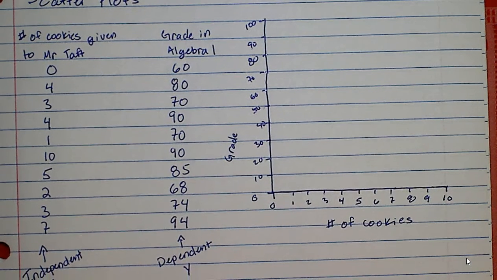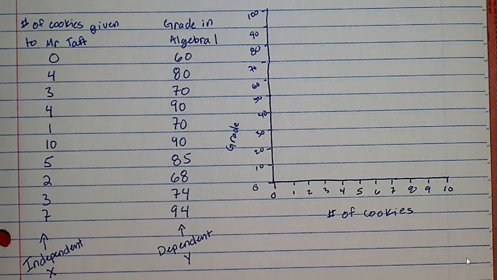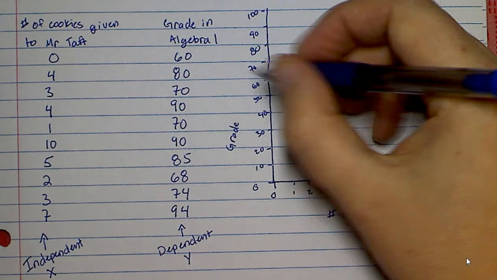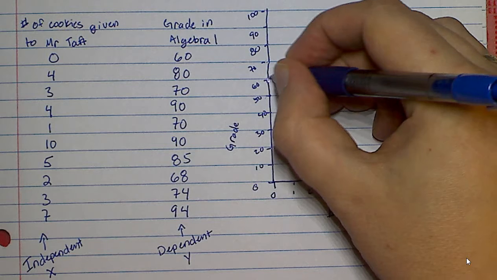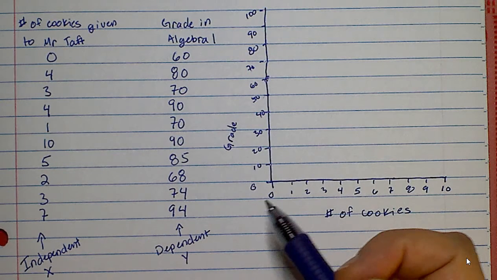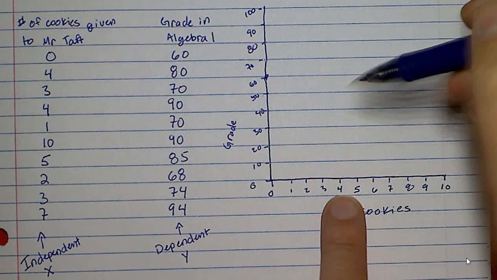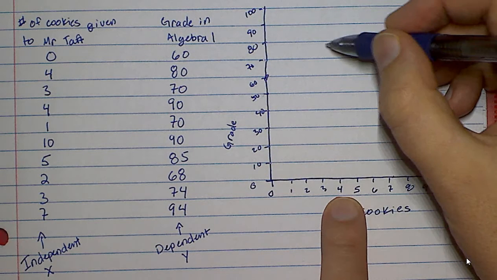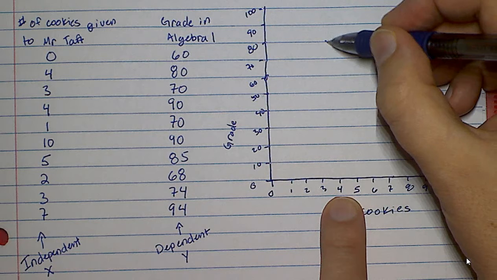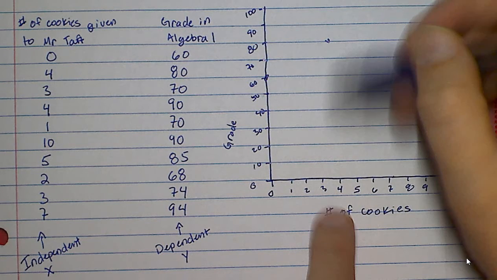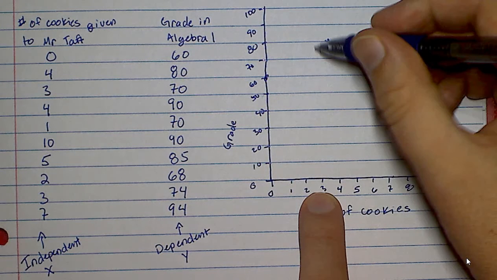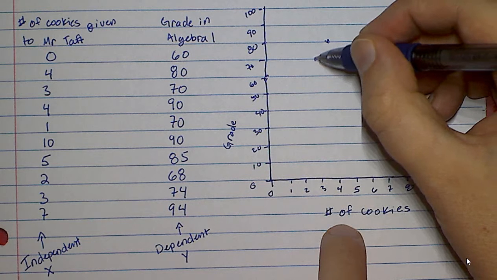Okay. All right. So now I just need to fill in the points. My first point is (0, 60). So 0 on x, 60 on y. So (0, 60) goes right there. My next point is (4, 80). So I'm going to go over to 4 and up to 80. My next point is (3, 70), which is right there.